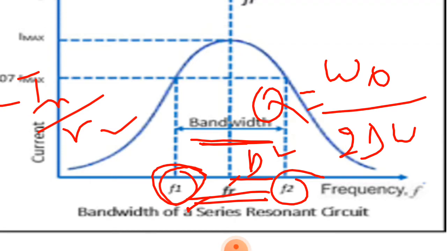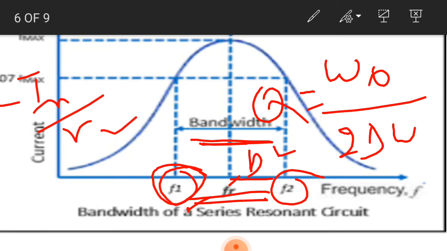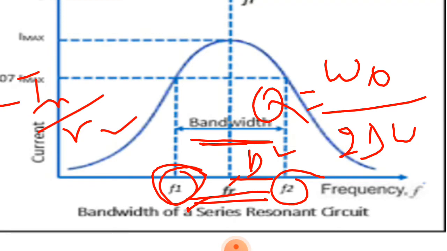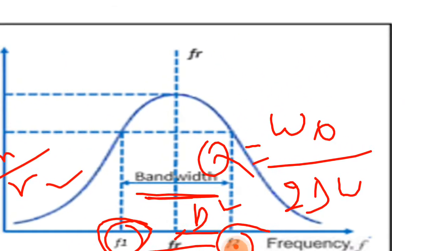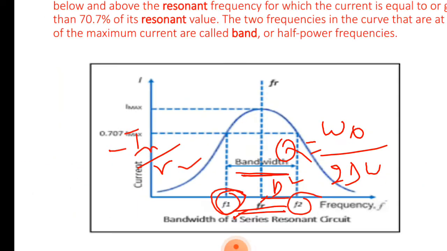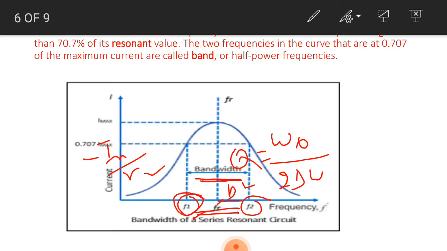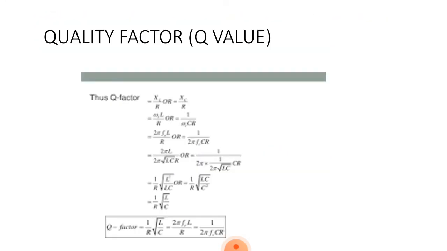So suppose in this bandwidth range, we will get current from I maximum by root 2 on the lower side to I maximum by root 2 on the higher side. So in this range we will get these signals. We will get the sound, we will get the pictures. So this band difference we will call bandwidth.